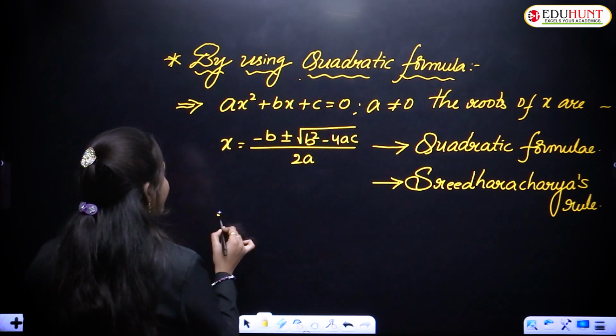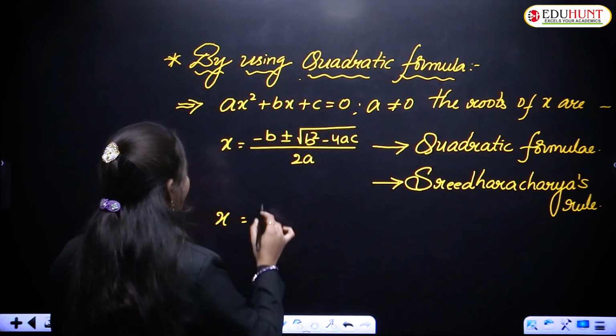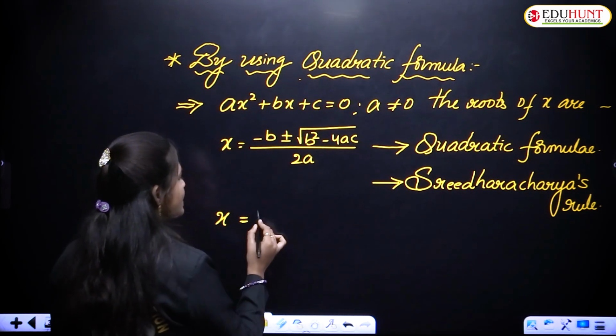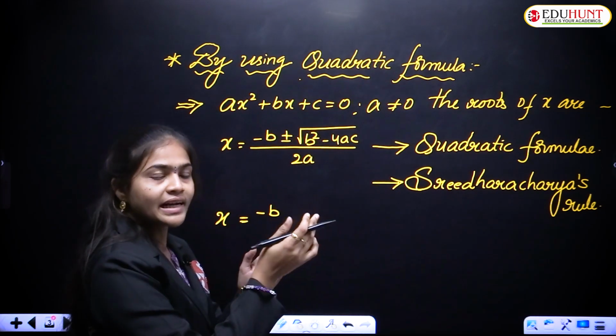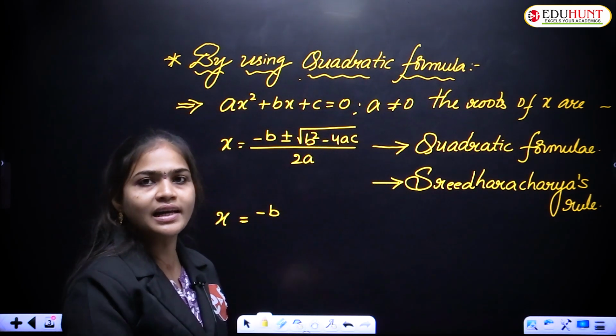So, children, here x is equal to, we are saying there are two roots. How to write the roots? One of the roots is x is equal to minus b, here plus or minus is there. By taking plus we get one value, by taking minus we get another value.